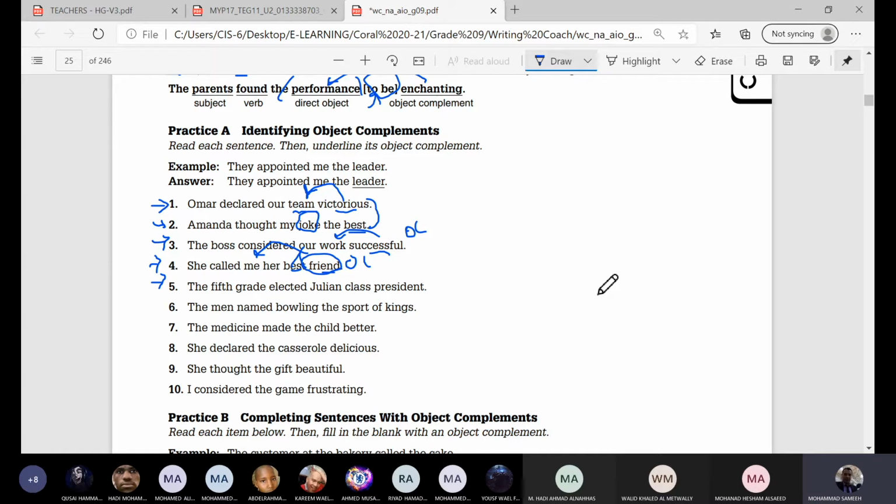So I do not have more than one object complement. By the way, it could be compound. If I have "and," no problem. I can take 2, 3, 4, even 5 object complements. But they never come together consecutively. If there is an "and," it's okay. If there's no "and," I must take only one, which is the noun, not the adjective.